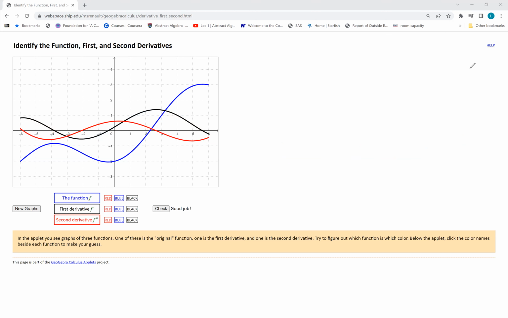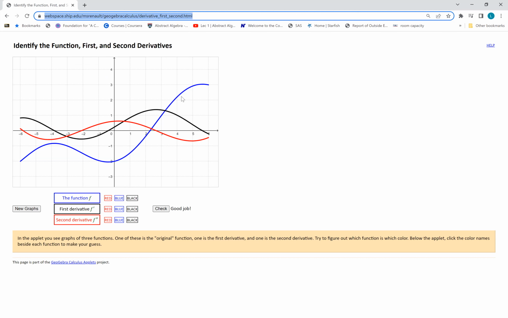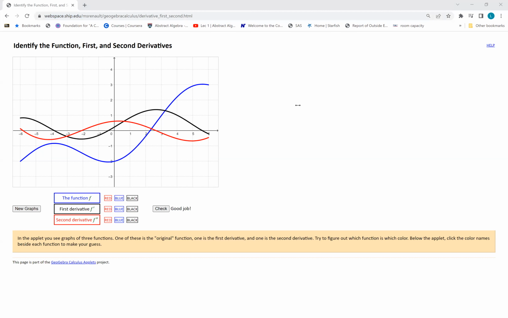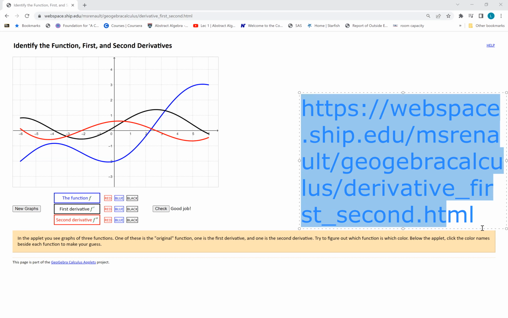Here's the website. Let me see if I can copy and paste it, make it a little bigger. Oh my God. Okay, I know what I can do. And we'll try to make it a little smaller.